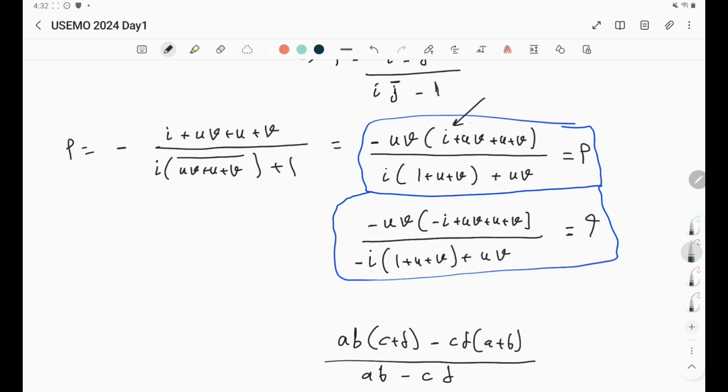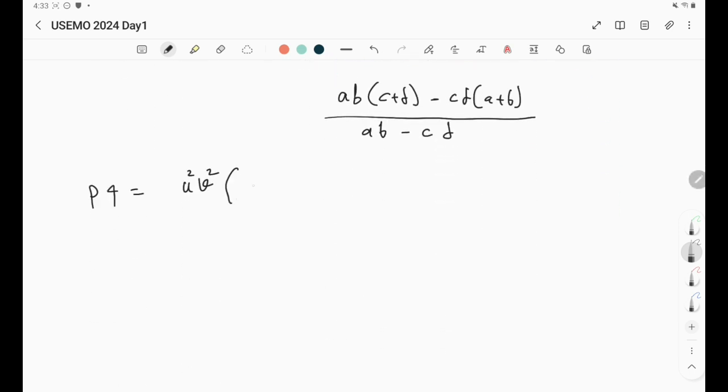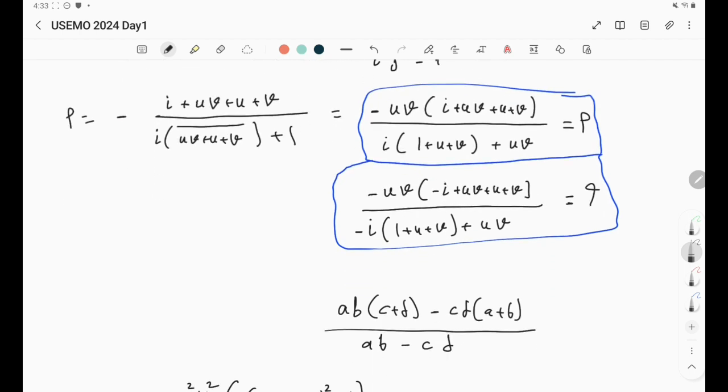This thing is plus I, this thing is minus I. That means it's going to be this thing squared minus I squared. Well, guess what? What's I squared? I squared is -1, so it's going to be +1. So it's just going to be UV plus U plus V squared plus 1. Yeah, that's it. Nice. What about the denominator?